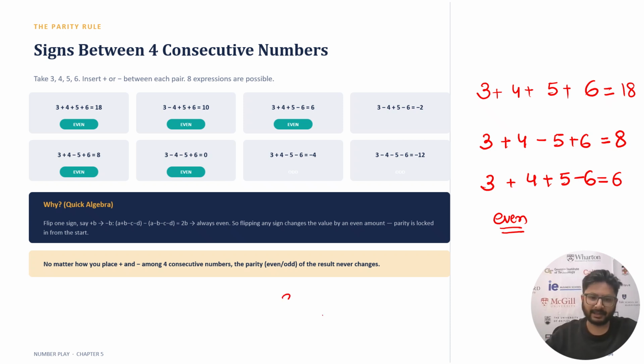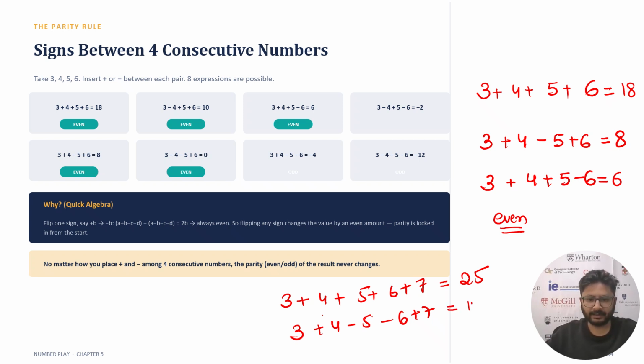For example, let's say 3, 4, 5, 6, and 7. I'll add all of them, right? So this will give me a value of 25. Now let's do 3 plus 4 plus 5 minus 6 plus 7, which is equal to 14 minus 11, which is equal to 3.